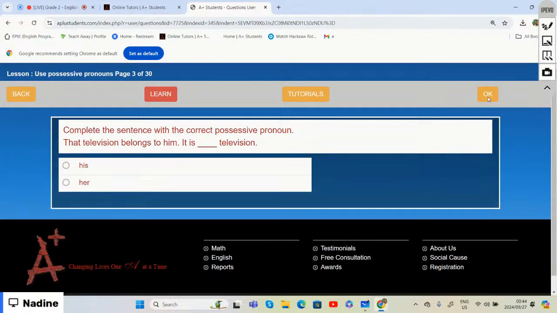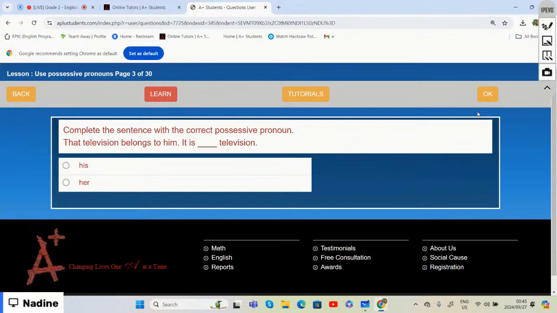All right, let's do the last one. It says that television belongs to him. So the television belongs to him.